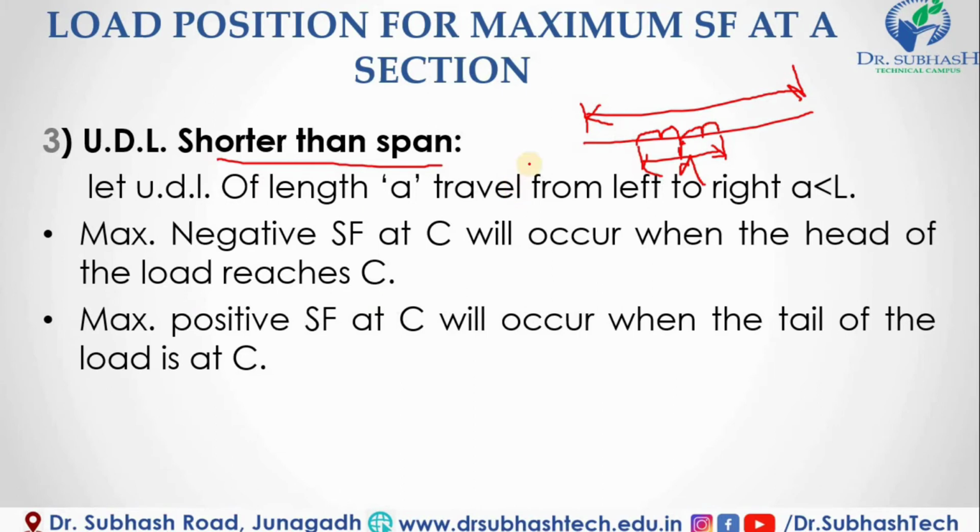If the UDL is given shorter than span, then we denote it as A, and we already calculate the section. The section distance is already given in the data.